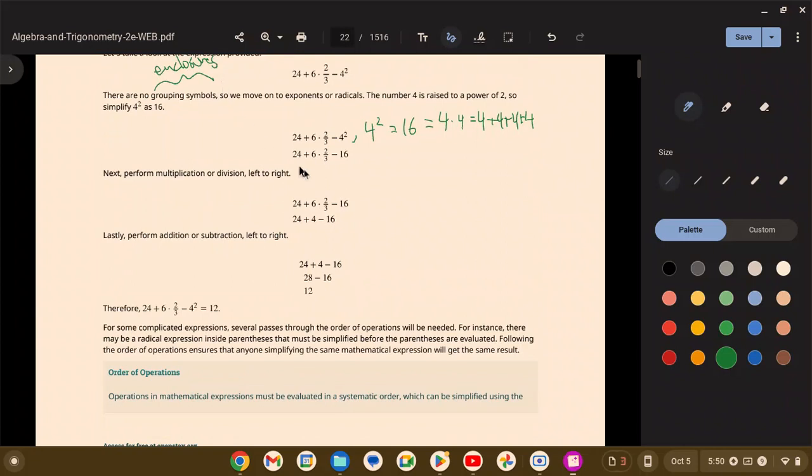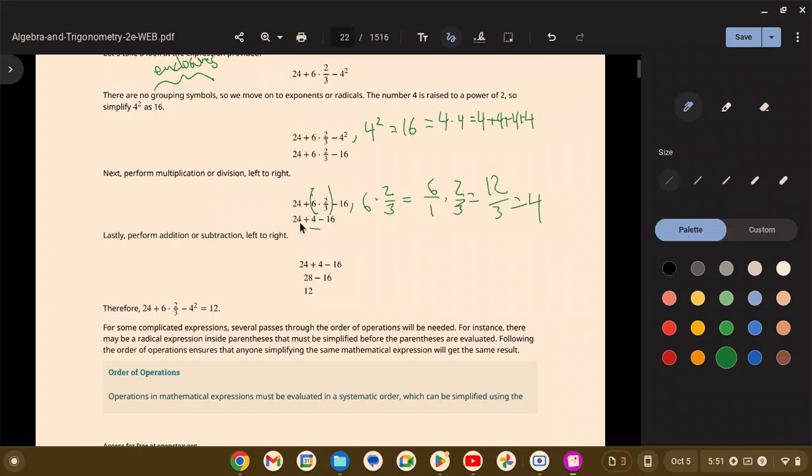So what happened is, that's the next step. 6 times 2 over 3 equals 6 over 1 times 2 over 3 equals 12 over 3 equals 4. Oh, look, there's the 4. Perfect. Okay. Lastly, perform addition or subtraction left to right. 24 plus 4 minus 16.